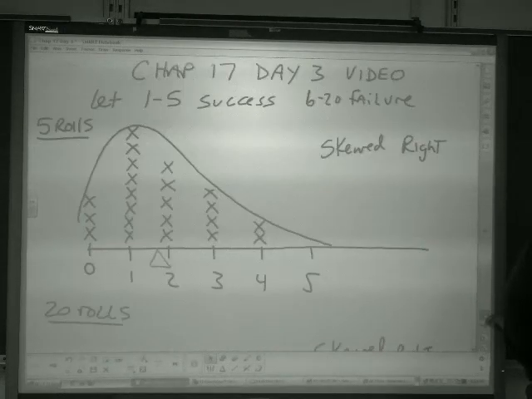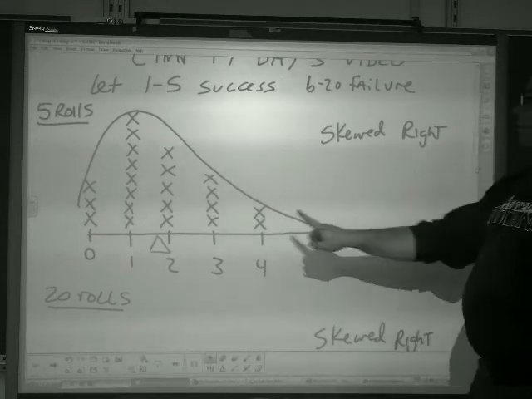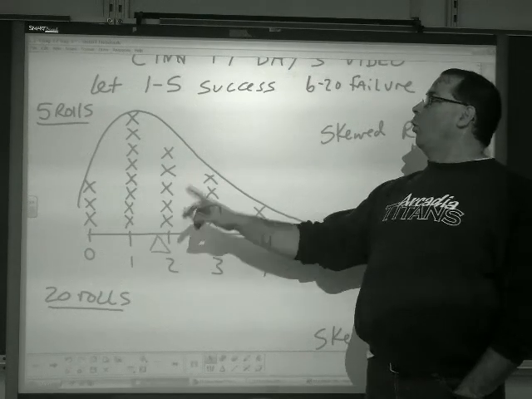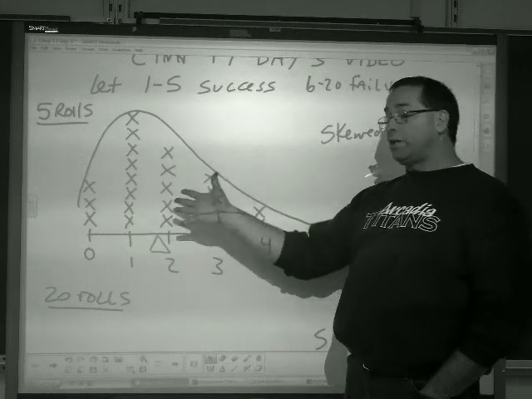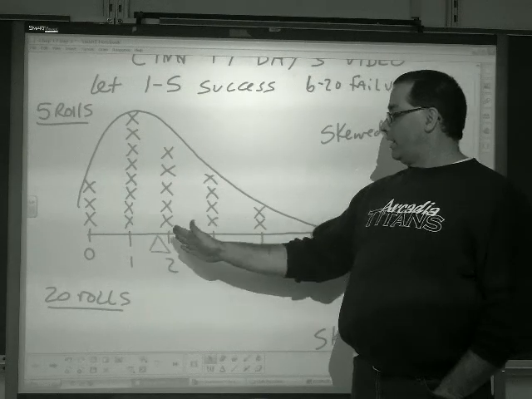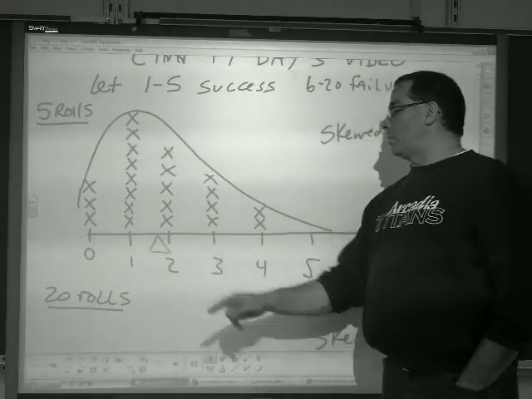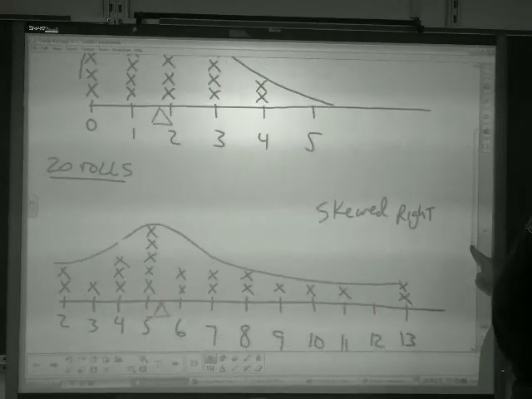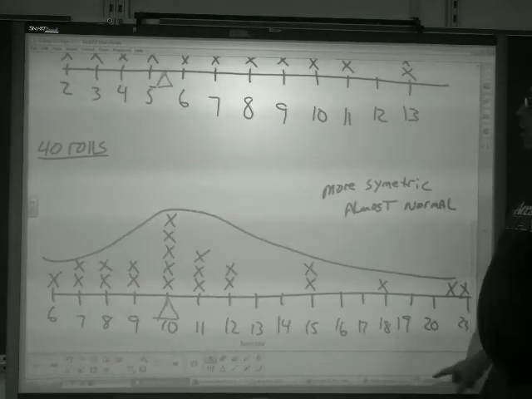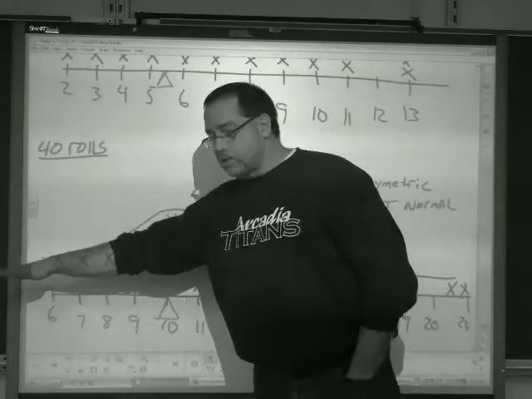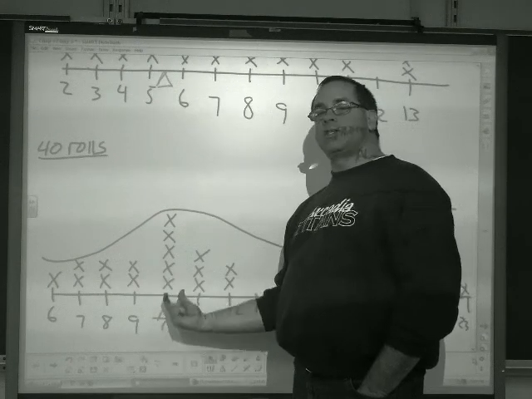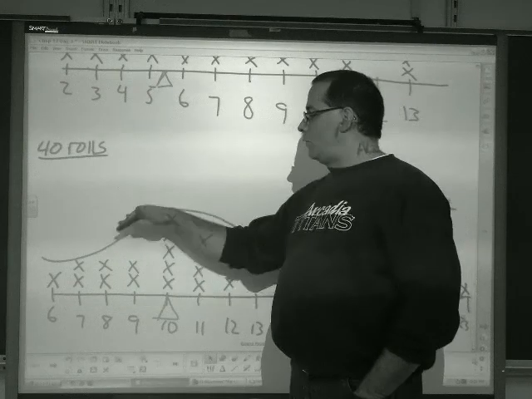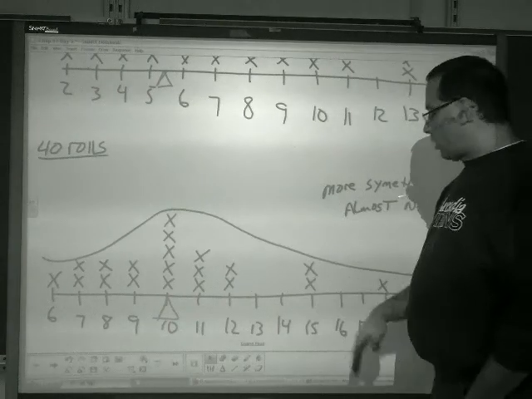If you look back at our picture, I could have said 1 through 5 is failure, 6 through 20 is success. I don't care which way you slice it. The expected number needs to be up around, not 5, but up around 10, so it allows us to have a tail in the other direction. When this expected number gets to be around 10, then we can start using a normal curve approximation.